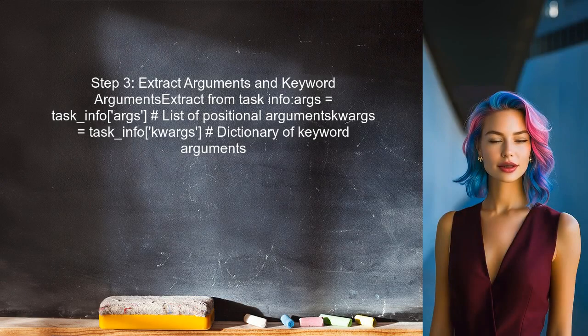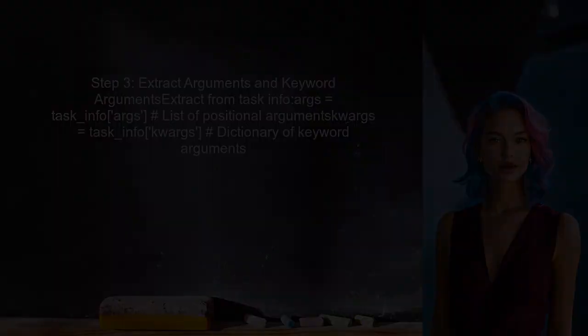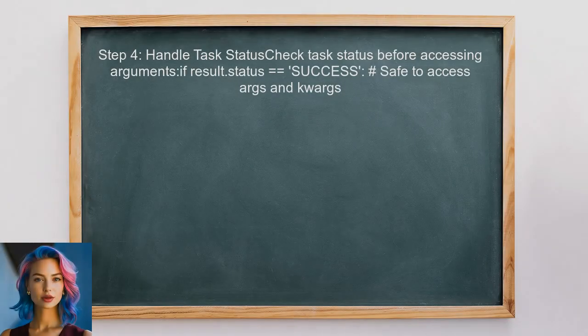Now, the user can extract the arguments and keyword arguments from the task info. The arguments are typically stored in a list, while keyword arguments are stored in a dictionary. Finally, the user should ensure that they handle cases where the task might not have completed yet. They can check the task's status before trying to access the arguments.